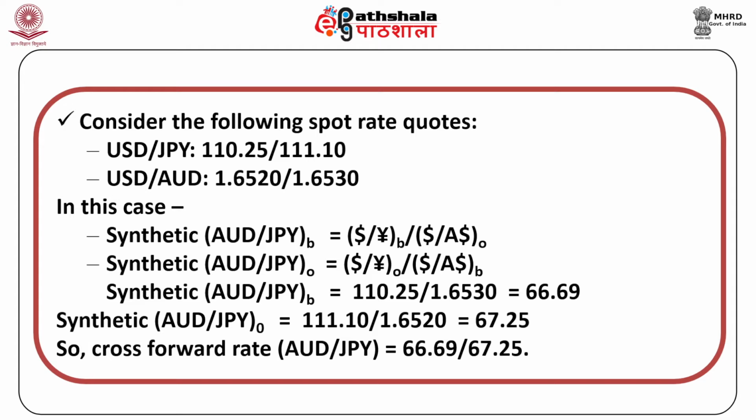That is, synthetic Australian dollar by Japanese yen bid is equal to 110.25 by 1.6530, which is equal to 66.69.